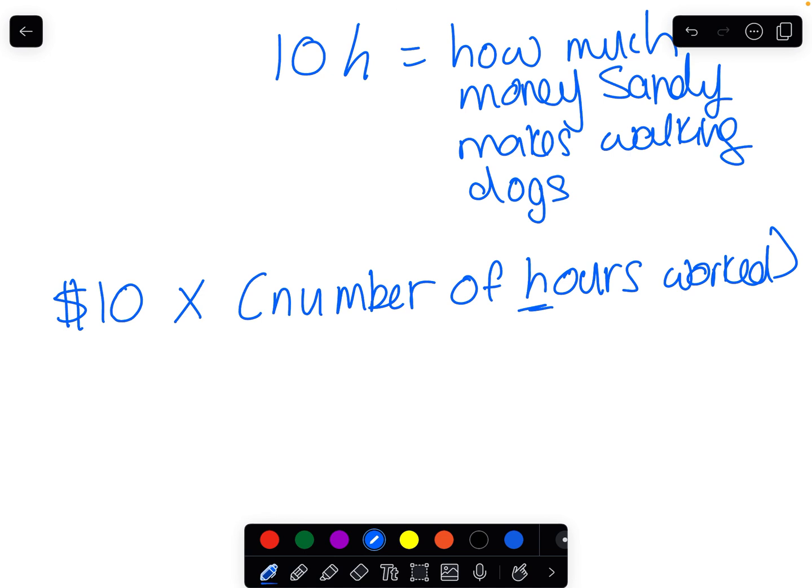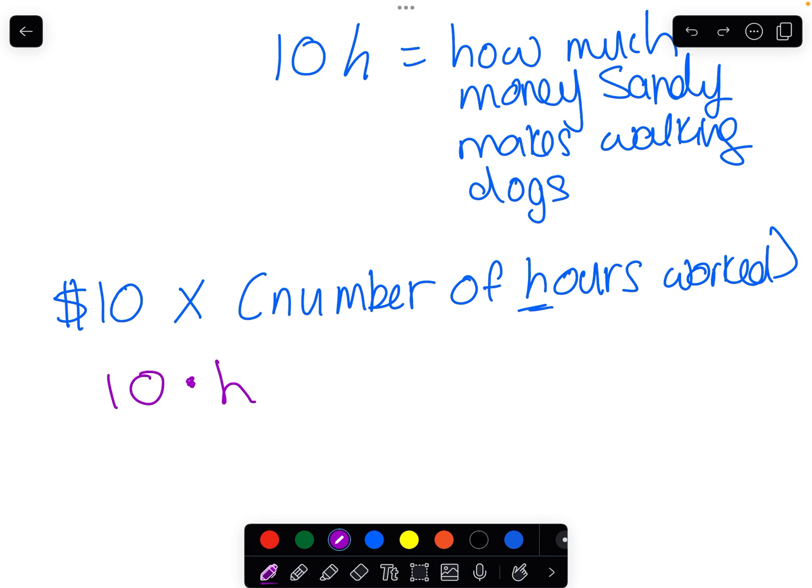Now, you'll notice that the 10 is next to the H. In algebra, a number next to a letter means that that number is being multiplied by that letter. Now, there are different ways to show that two numbers are being multiplied. So, we could say 10 times H. This dot, it's not a decimal dot, which is on the bottom.